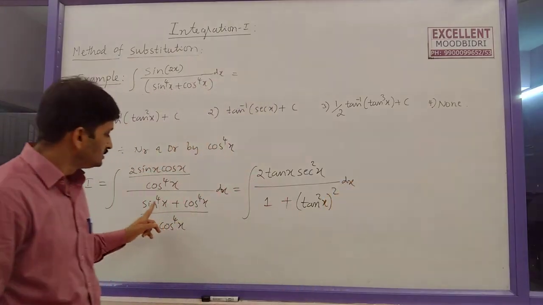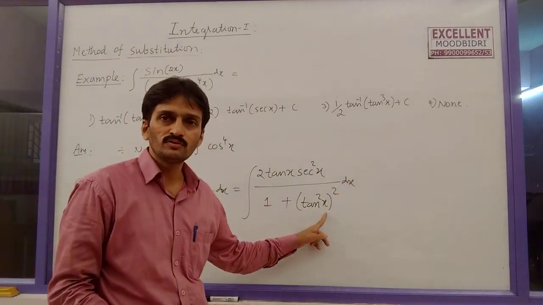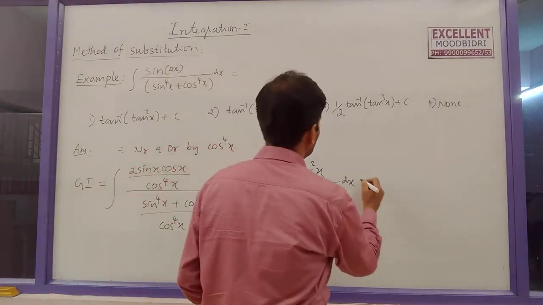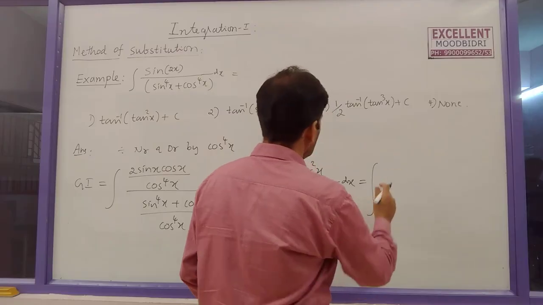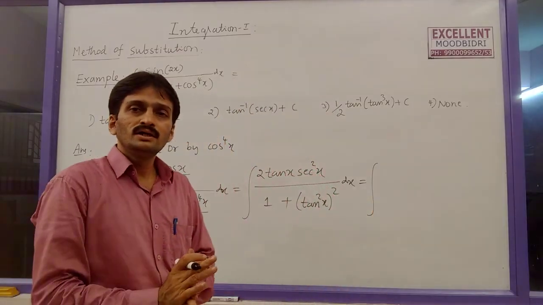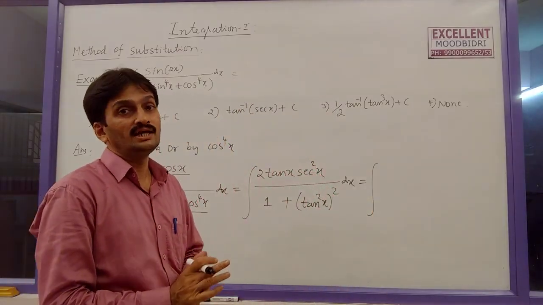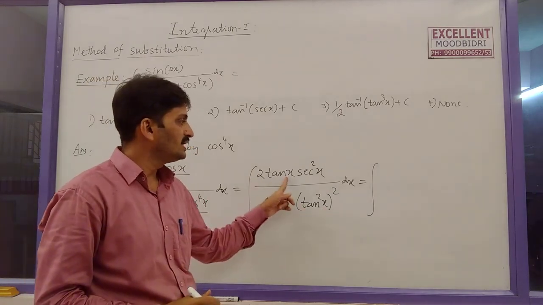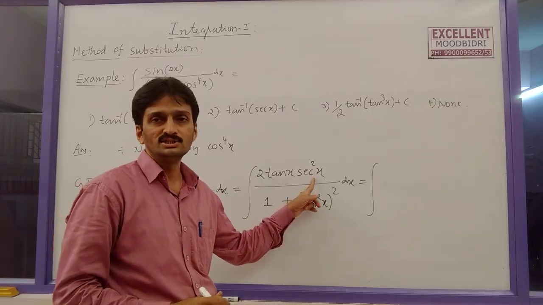Okay, this is sin by cos, tan, so tan x power 4, which can be written as tan square x whole square. This is equal to, now you can see presence of function and derivative. Just observe, derivative of tan square x is 2 tan x into secant square x.